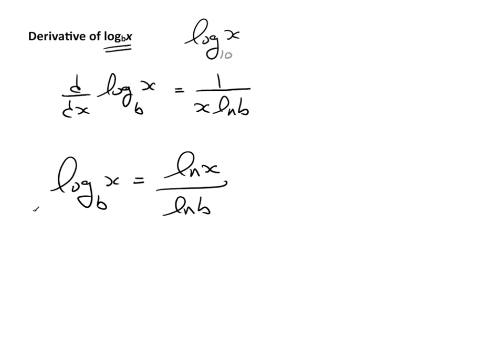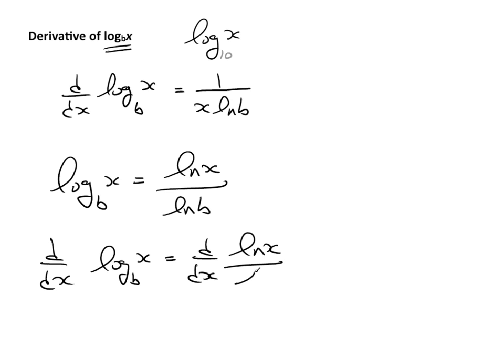So the derivative, d dx of log base b of x, is actually the same as the derivative d dx of the natural log of x over ln b. Now ln b, remember, because b is a number, ln b is just a constant. So that's just going to be 1 over ln b times the derivative of ln x. Well, derivative of ln x is 1 over x.